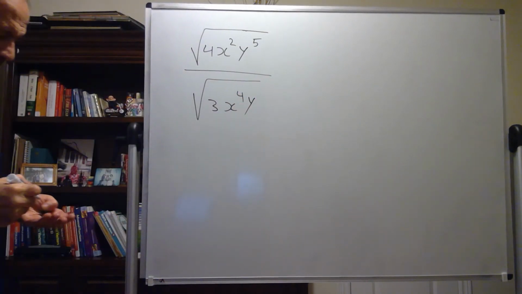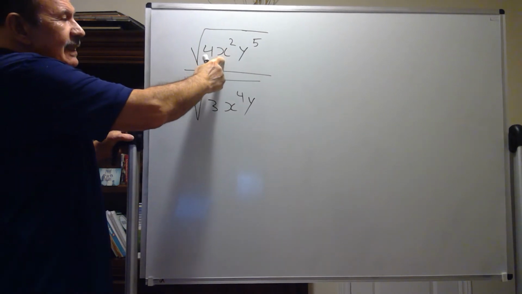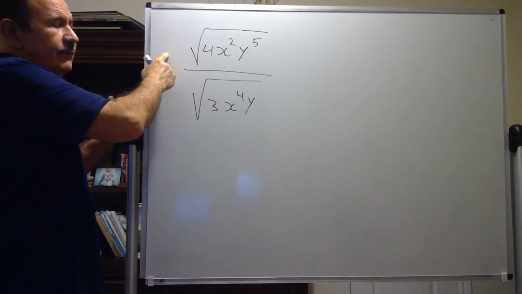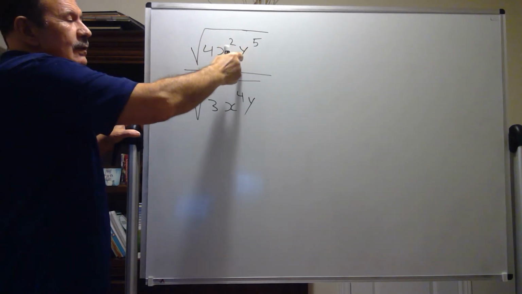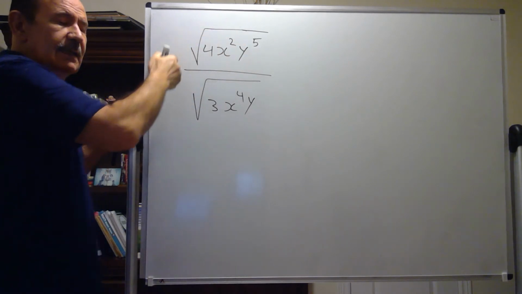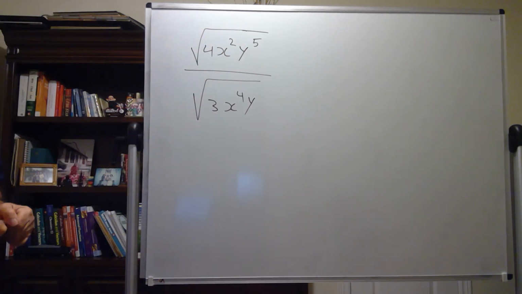Now we have different methods to solve this one. This 4 and this x squared, I can take out of the radical, and y to the power of 5, I can write as y to the power of 4 times y and take the y to the power of 4 out of the radical. But there is another way. I'm going to show you both ways.